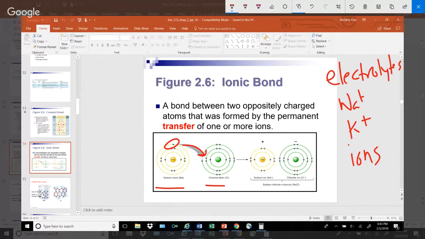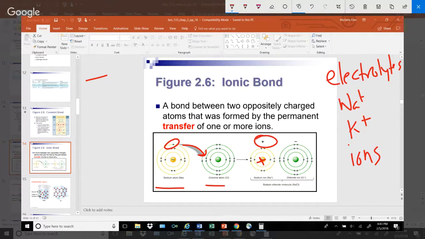Now notice sodium in its outermost shell doesn't have any electrons, and remember electrons are negatively charged, but inside the nucleus you still have positively charged protons. And so now there are more positively charged protons than there are electrons surrounding the sodium atom, so we get a positive charge.